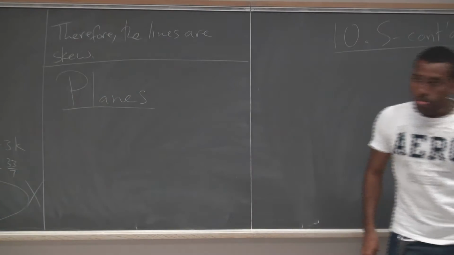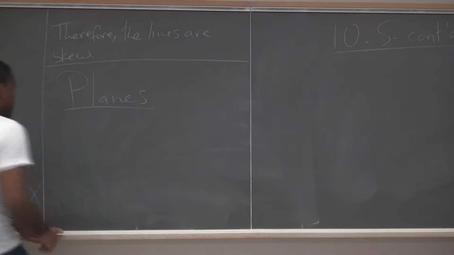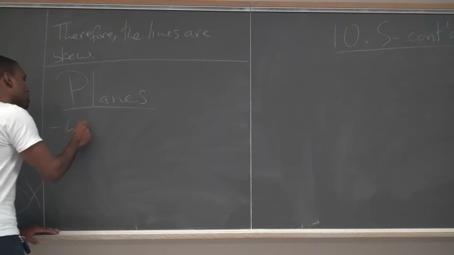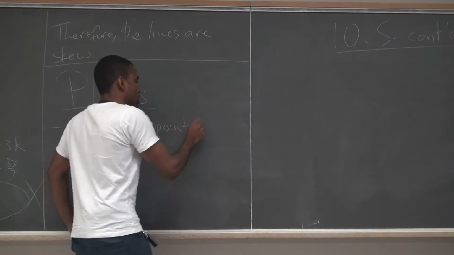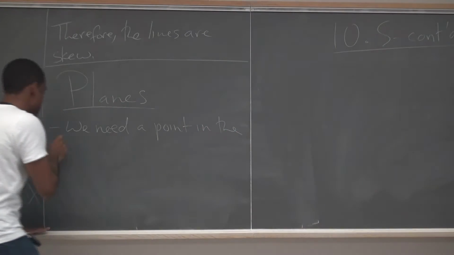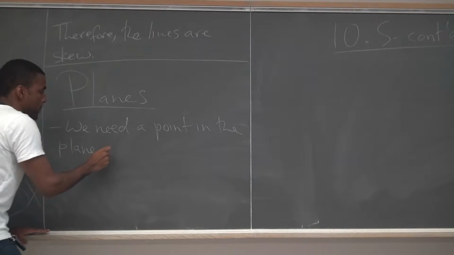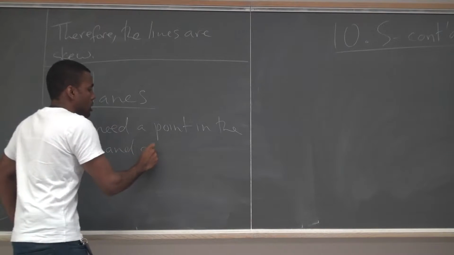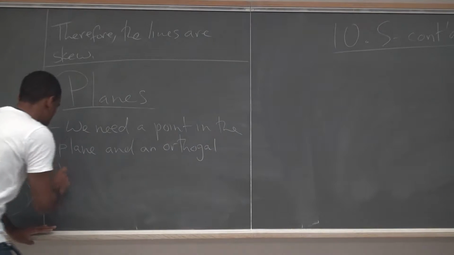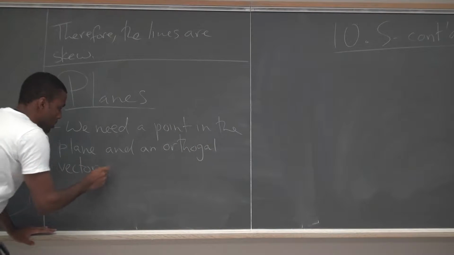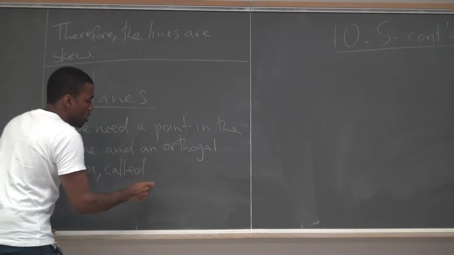So with that discussion, we know we need a point in the plane and an orthogonal vector. This orthogonal vector we call the normal vector.